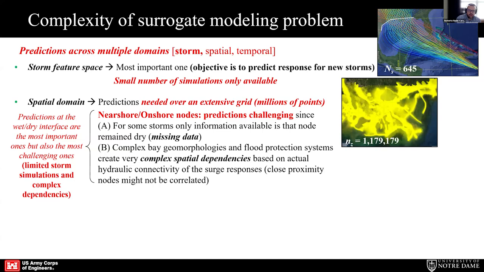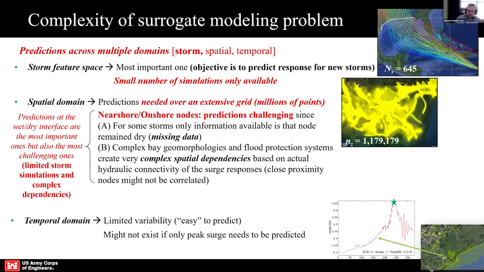We also have the temporal domain, and in this case, it's relatively easier to characterize, since in the case of storm surge, typically we have a relatively smooth hydrograph or time series of surge.